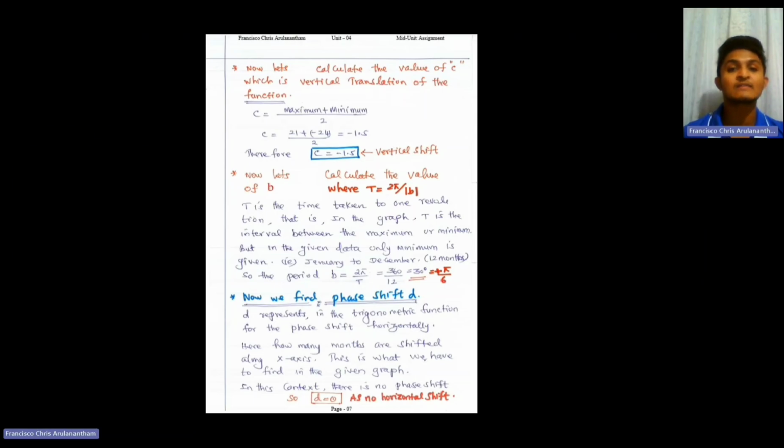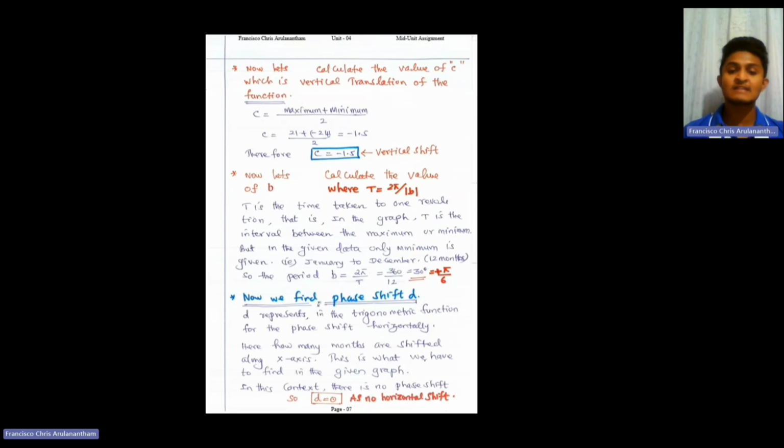Now let's calculate the value of b, where T is equal to 2 pi over mod b. T is the time taken for one revolution, that is in the graph. T is the interval between the maximum or minimum.